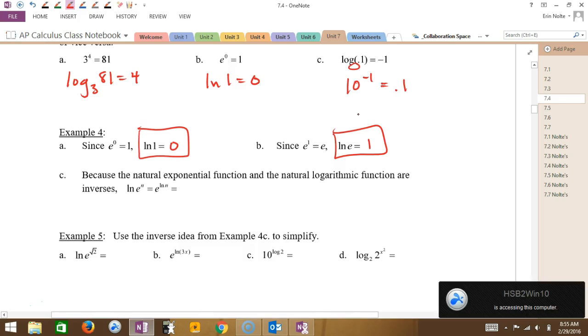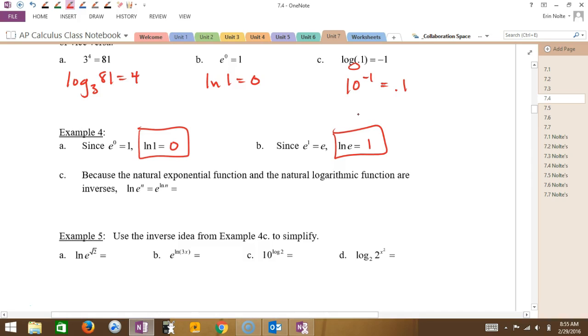Okay, what about C? If we have e to the natural log of n, what does that reduce to? Anybody want to make an educated guess there? On C?